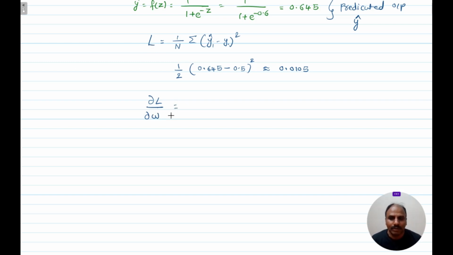But the problem is that there is no W in the loss function. So if I differentiate with respect to W, it gives 0.